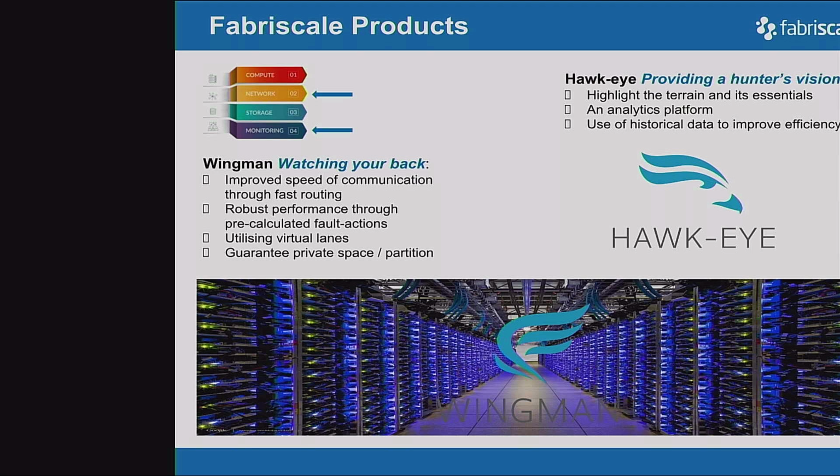We also do a trick where we pre-calculate everything that can go wrong. So in a large fabric, in a large supercomputer, there can be link failures, there can be switch down, power supply issues. There are things that can go wrong. So instead of waiting for something to go wrong and then doing a deep sweep, which takes down your network for a long time, we actually think about what would happen.